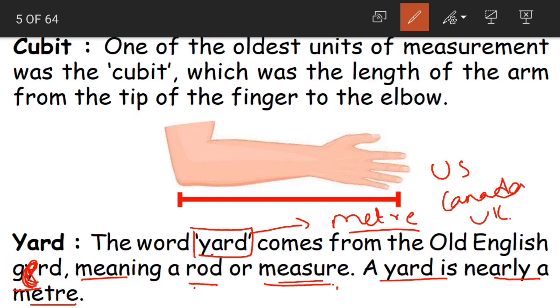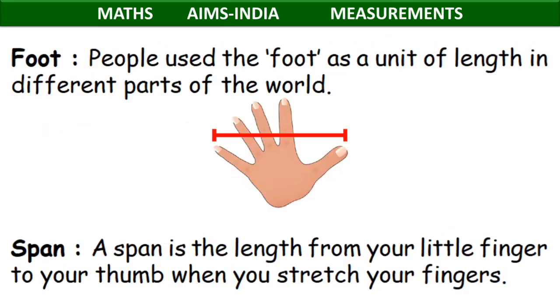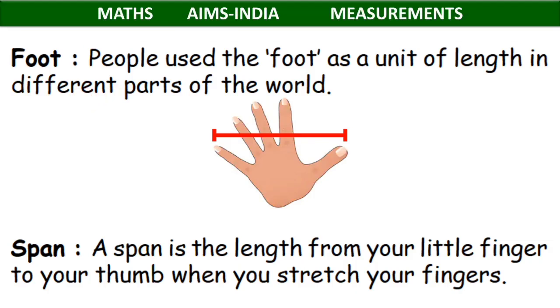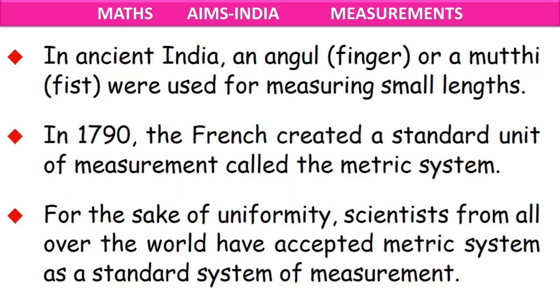Okay children? Now these are the different ancient measurements used. What were they? Foot. Then we have span. After that we have cubit, and then we have yard. Now in ancient India, an angle, finger or muthi, fist, were used for measuring small lengths.